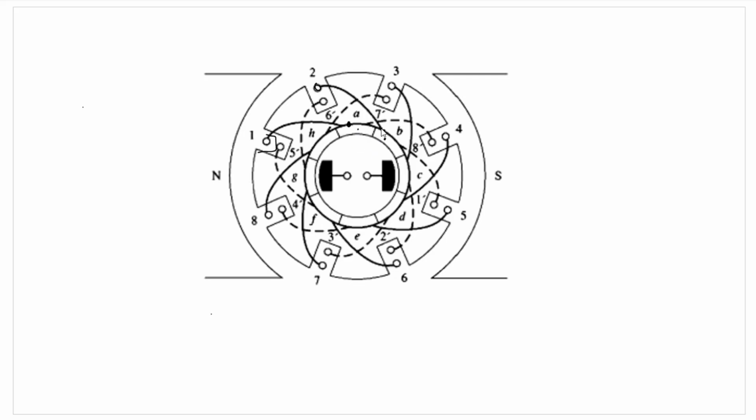In the next commutator segment, coil 3 starts. In the next, coil 4 starts. In the next, coil 5 starts. So in each commutator segment one by one, the front end of the coil is connected.